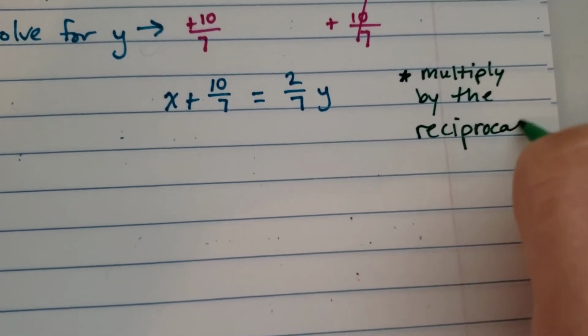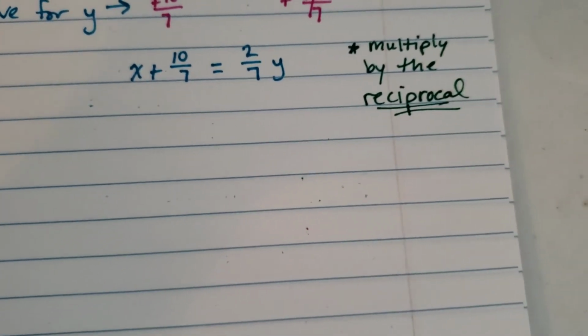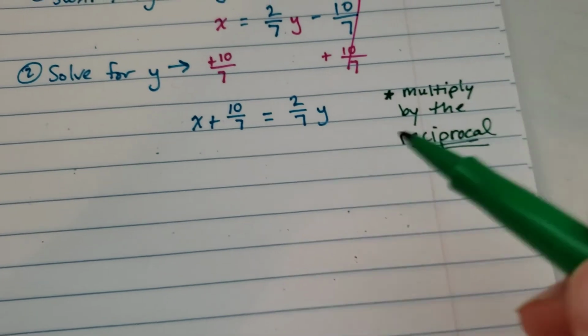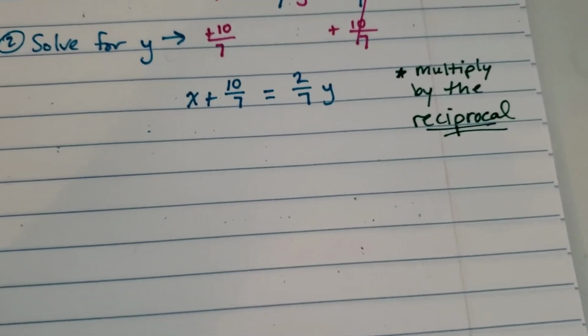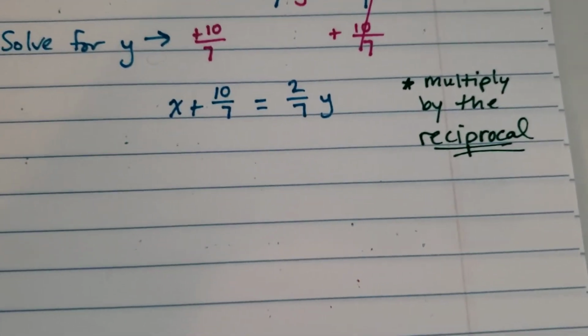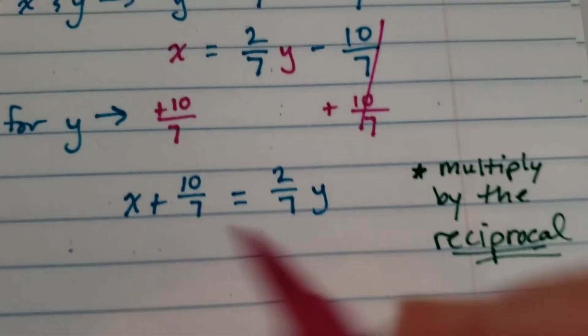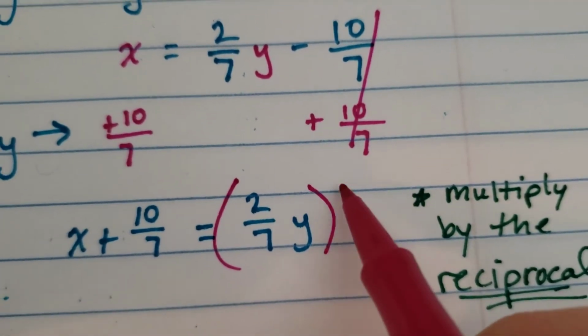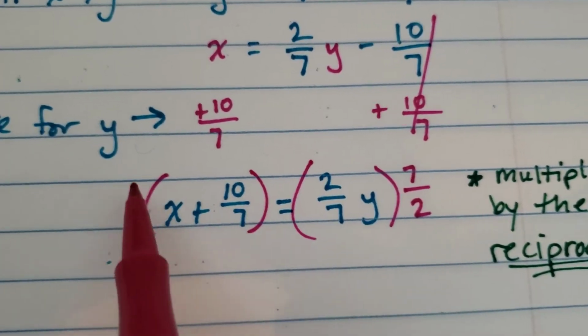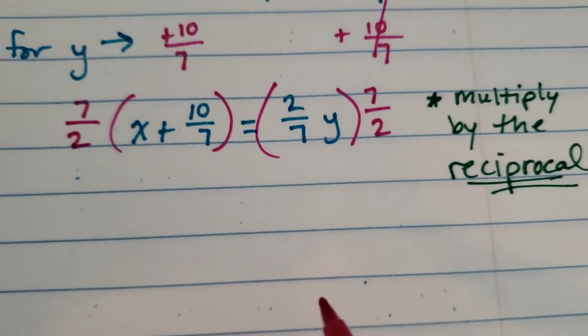That is a word that should be familiar to you guys. Reciprocal means you take that fraction and you flip it over, okay? So if I'm going to multiply by the reciprocal, then instead of dividing by 2 over 7, what I'm really going to do is multiply by 7 over 2. If I do that on that side, I also have to do that on this side, okay?